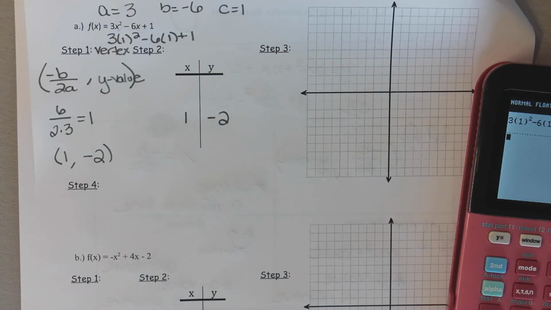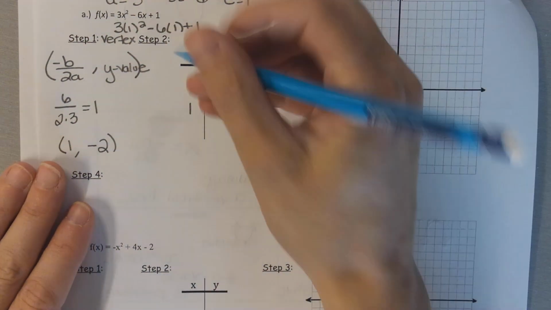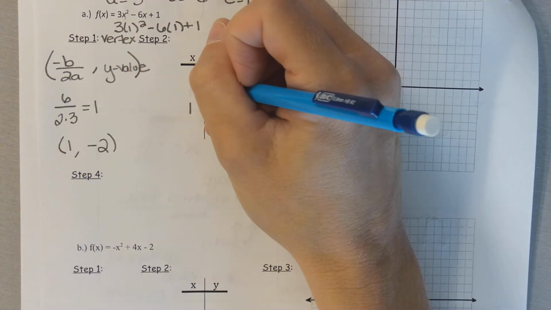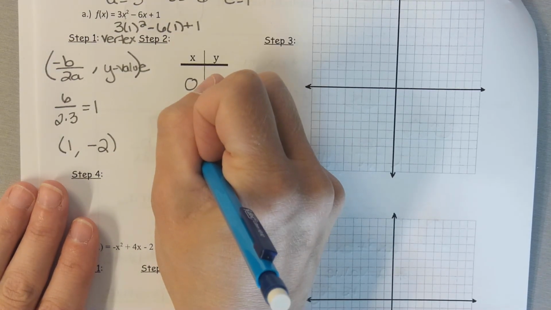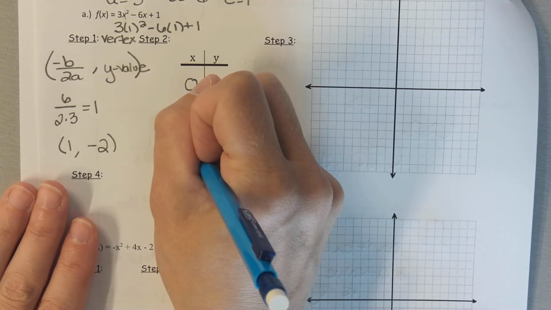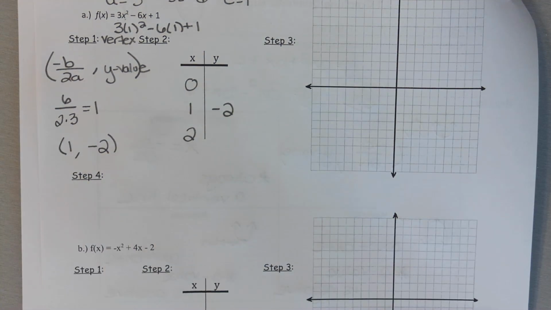Remember when we did the V-shaped graphs, the absolute value graphs? We found a point on either side. That's what we're going to do here too. So if I go on this side of 1, if I go smaller, what's smaller than 1? 0. And if I go on the other side, I'm going to put in what? 2. Now, here's the other trick: you only have to plug in 1, because this graph has symmetry.